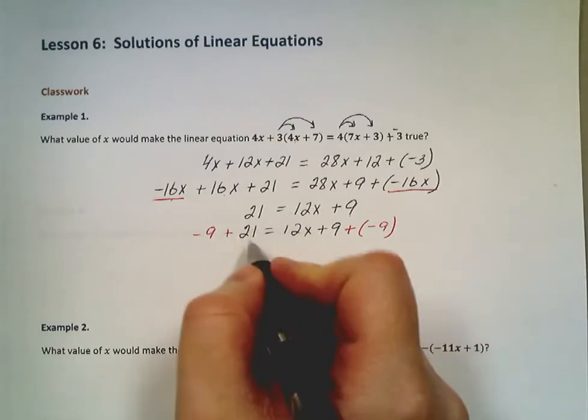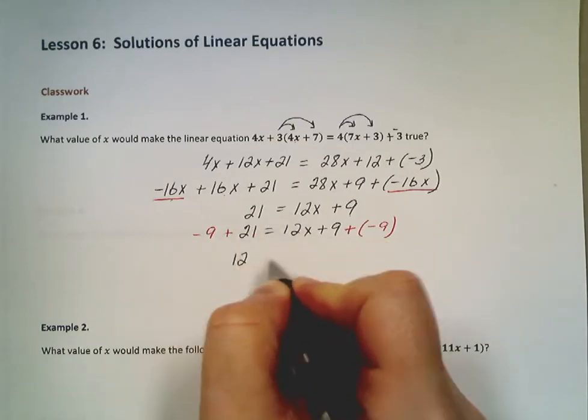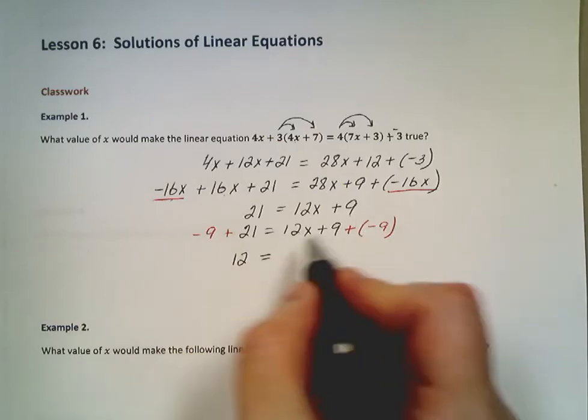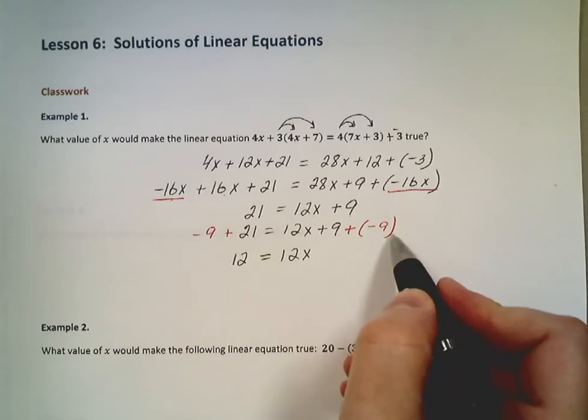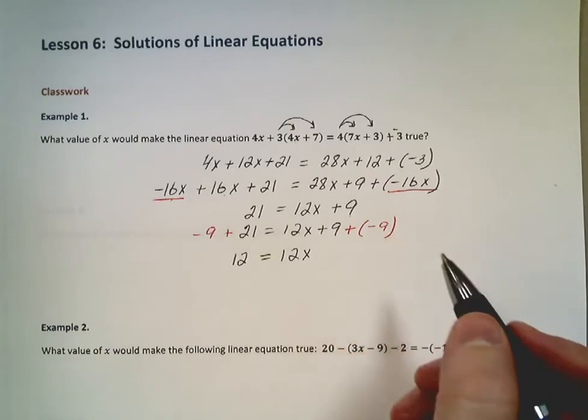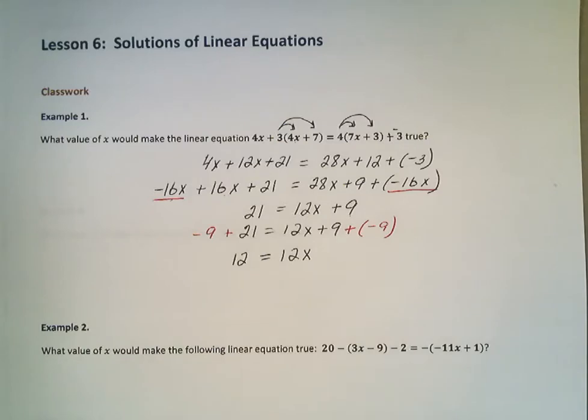Okay, so now on the left side, I will have 12, and on the right side, I will have 12x, because 9 and negative 9 make a 0, right? Now I need to make 1x. That means I'm going to multiply 12x by the reciprocal of 12, which is 1/12.